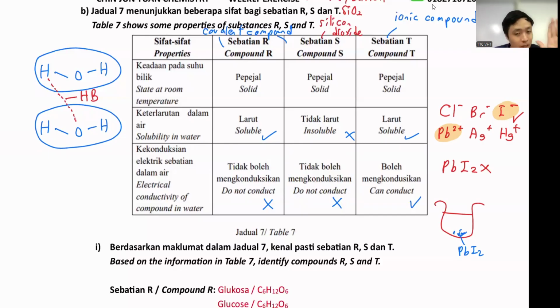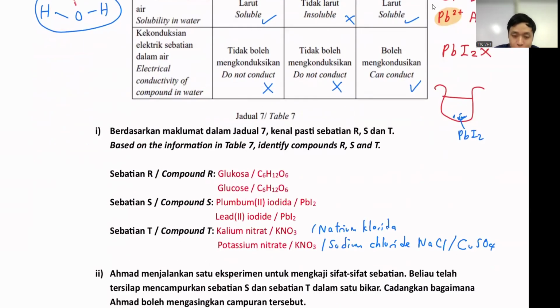So in this case, even though I know ions are supposed to conduct electricity, because it cannot dissolve, it cannot turn into ions, that's why it also cannot conduct electricity, because there's no free moving ion inside. It only has the solid, the whole PbI2. So the answer for S should be this.